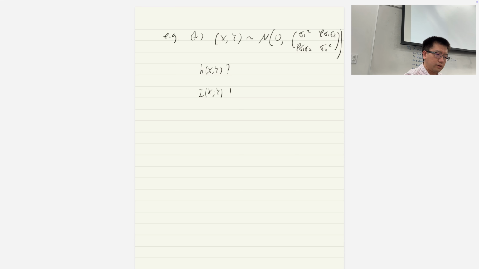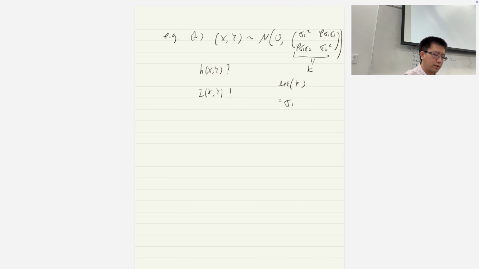This should be pretty straightforward, right? So maybe I set this as K. What is the determinant of K? Yeah, for a 2 by 2 matrix. Do you remember it?